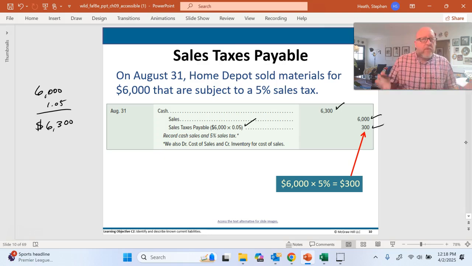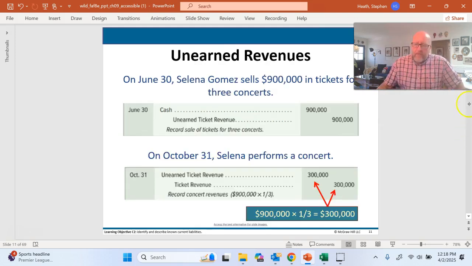Sales taxes payable is obviously a liability. And if we want to increase the liability, since it's on the right-hand side of the accounting equation, we're going to do it with a credit. So we would credit sales tax liability. And then when we were to pay, I guess we're not, bear with me.